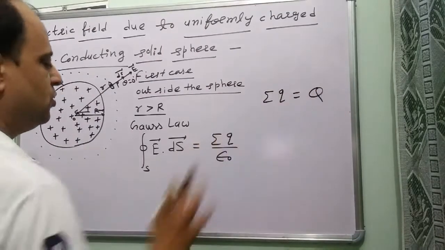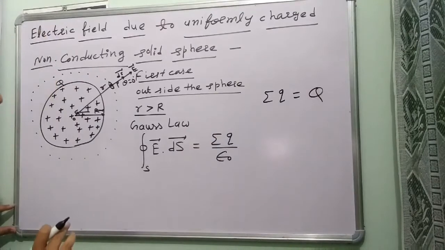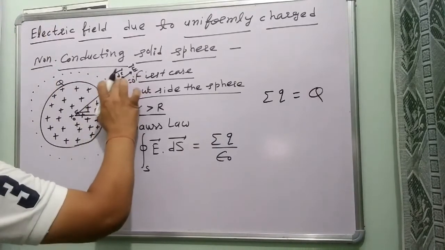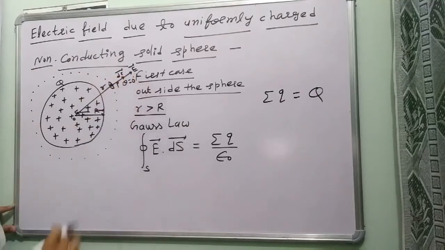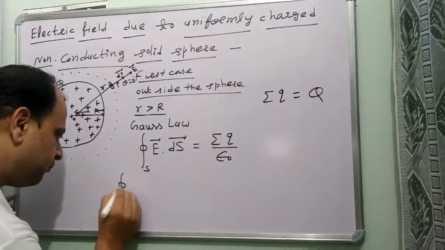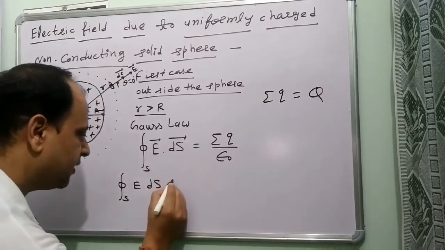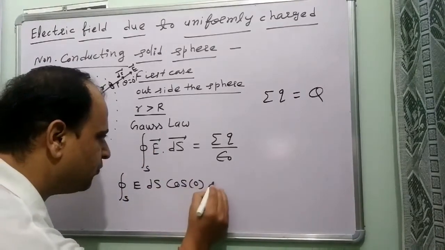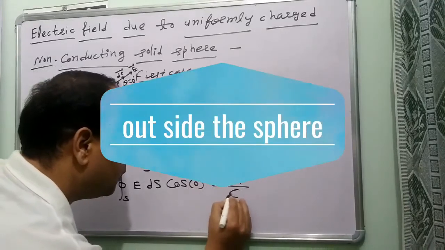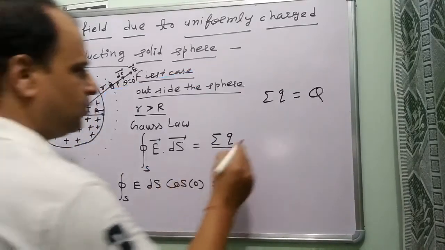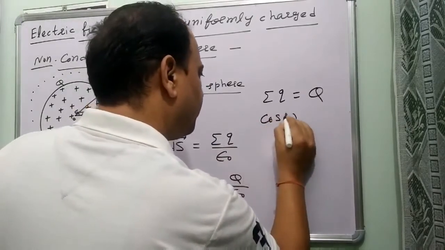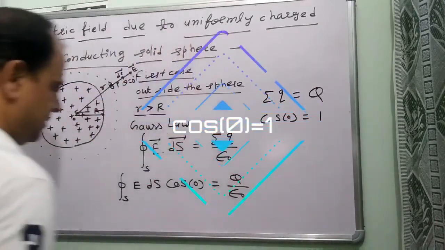Now the angle between electric field and area vector is 0, so E ds is a dot product, giving cos 0, and cos 0 is equal to 1.